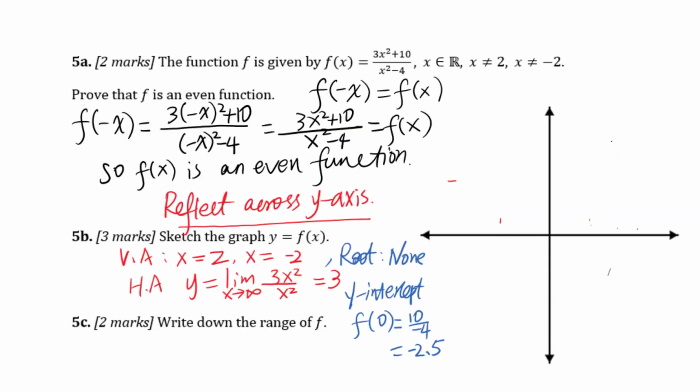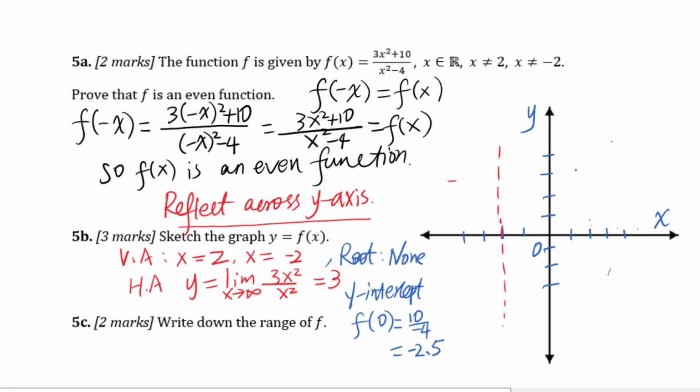Now let's sketch the graph based on the sign diagram. Label the x, y, and origin. X equals negative 2 is a vertical asymptote line. X equals 2 is the other asymptote line.